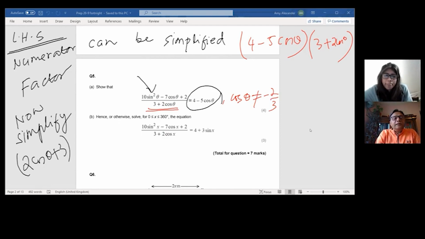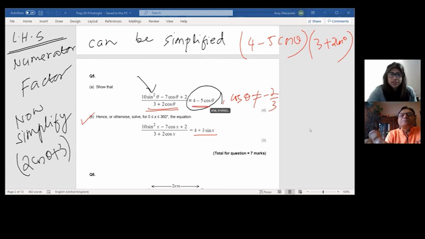And the second part is, hence or otherwise, solve for x between 0 to 360 degrees, this equation. The same equation, correct? So they slightly change this. Anyway, the left-hand side can be simplified to what I wrote. I think they're trying to make you solve it, so we'll just have to substitute that.